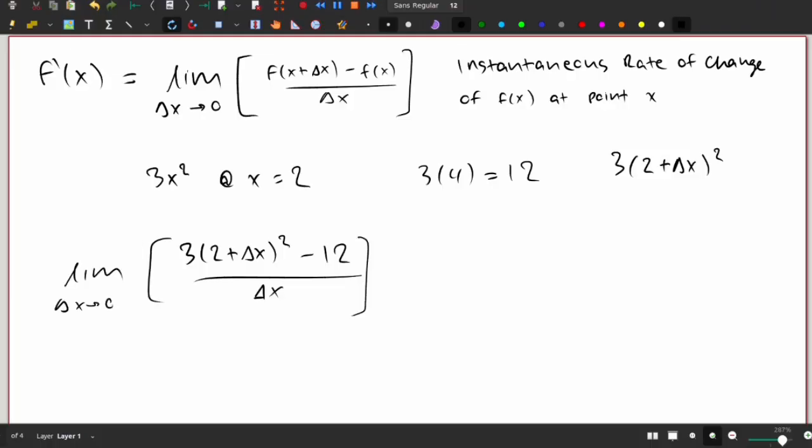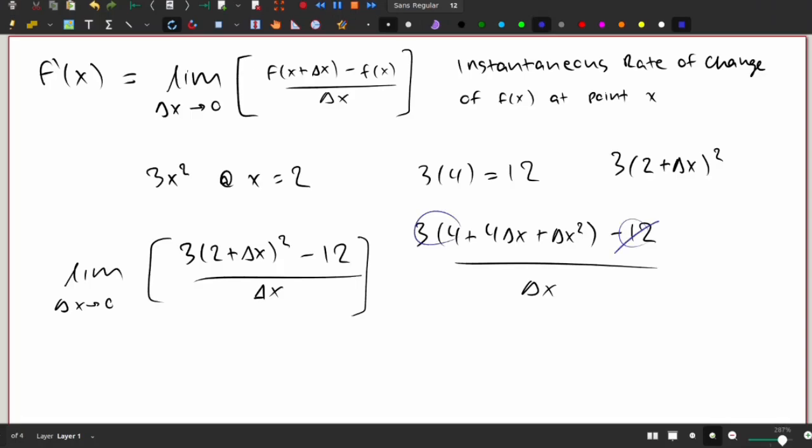Now let's expand this. So we get 3 times, now when you expand something (a plus b) squared, you get a squared plus 2ab plus b squared, minus 12 over delta x. And now immediately you can see here, this 3 times 4 is going to cancel out with this negative 12.